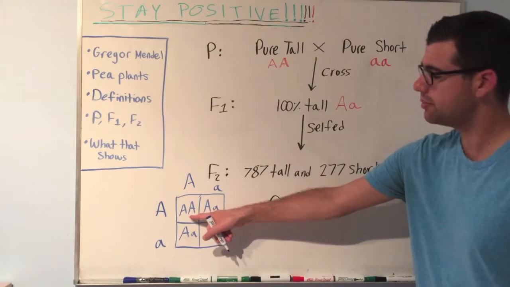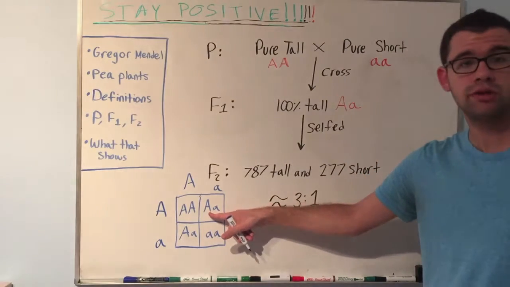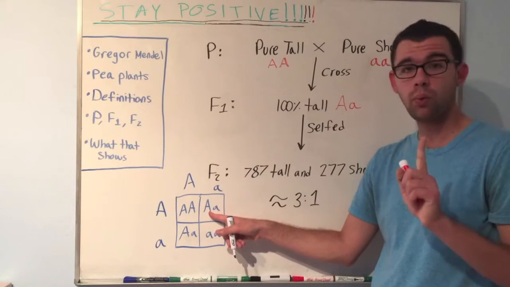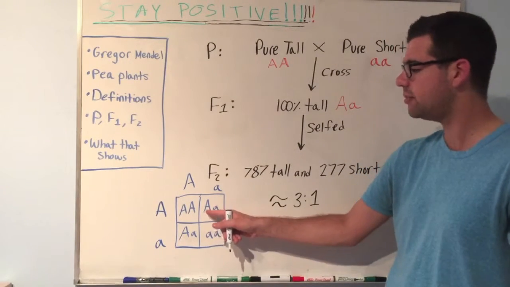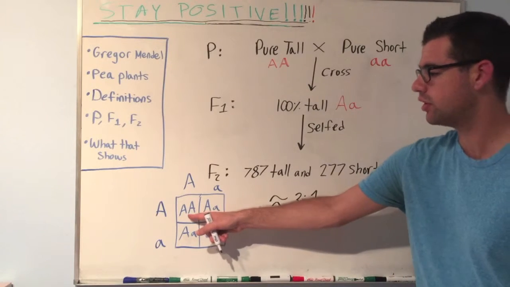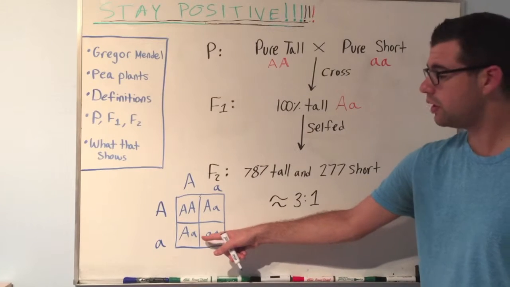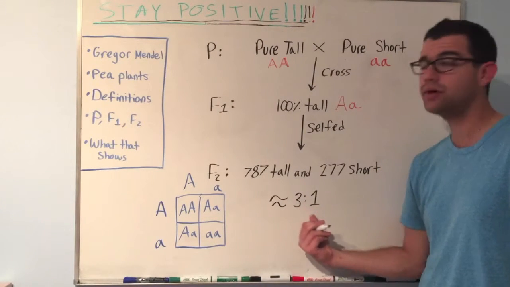What would be the phenotype of this big A, big A? It would be tall. What about this big A, little a? It would also be tall. Remember, because we talked about dominant alleles only requiring one copy, right? This only has one big A, but because it's dominant, it'll express the tall phenotype. So tall, tall, tall, short. Notice there's 3 talls for every 1 short, a 3-to-1 ratio.